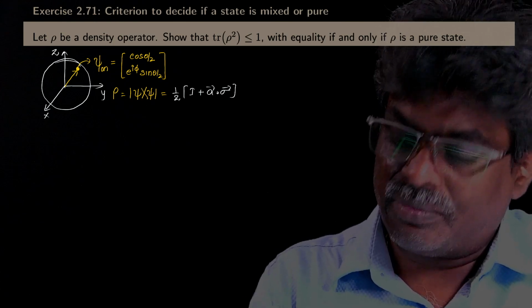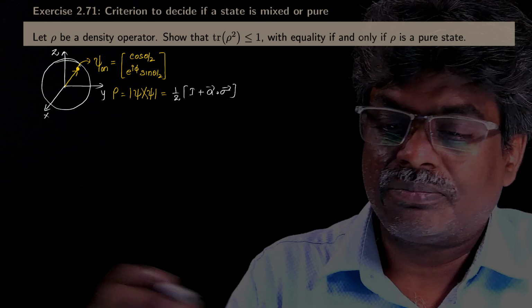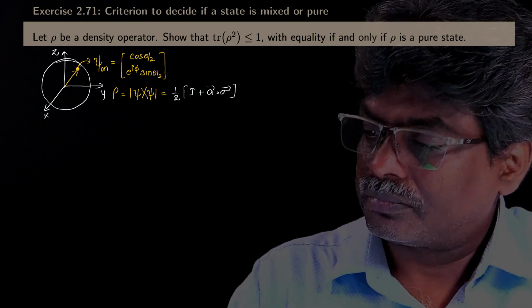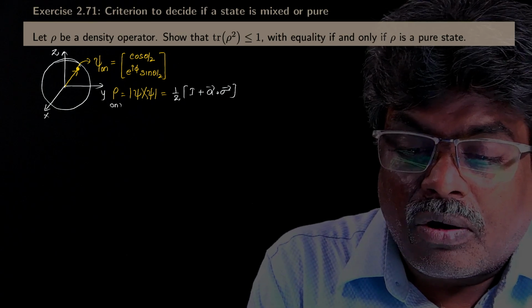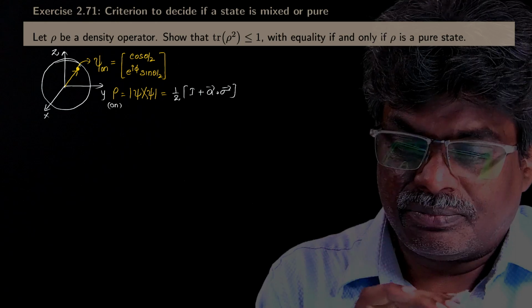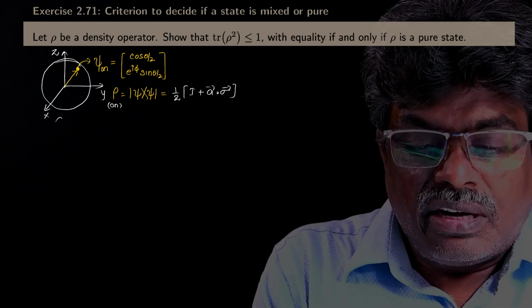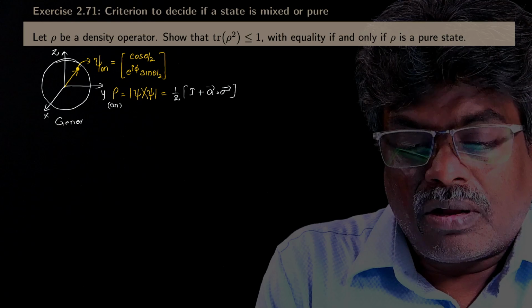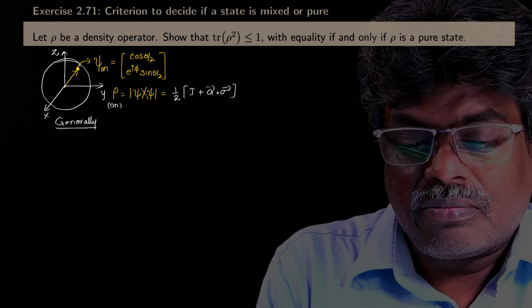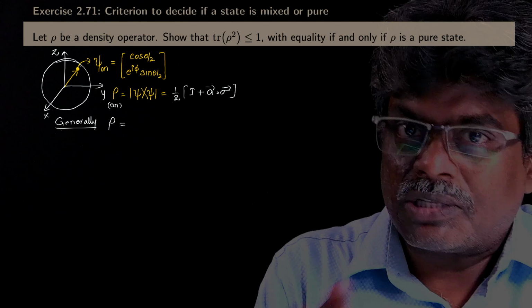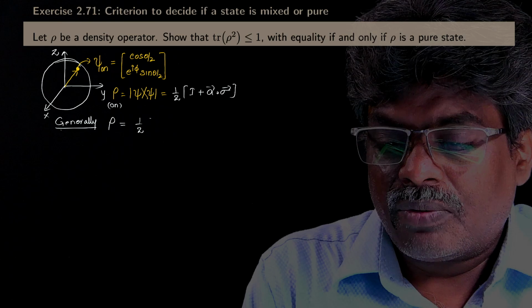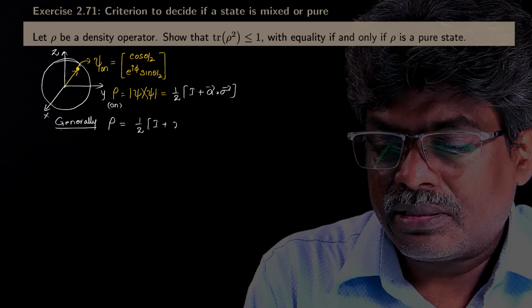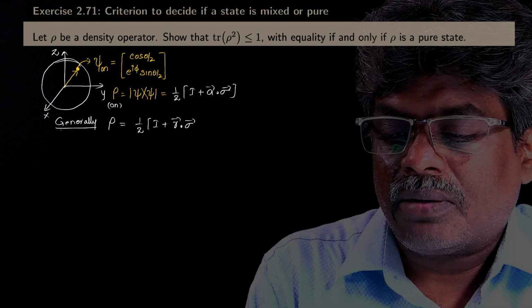I will derive this expression in the next question. So this is the density operator corresponding to the point on the Bloch sphere. Fine. So more generally, how can we write this? Now I am taking the general form, that is, a density operator corresponding to an arbitrary point. So just I am writing like this: 1 by 2 into I plus r bar dot sigma bar.